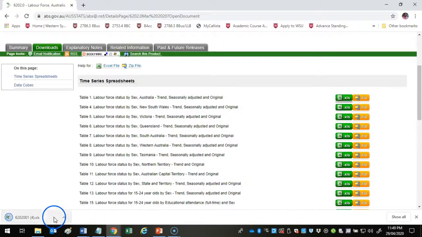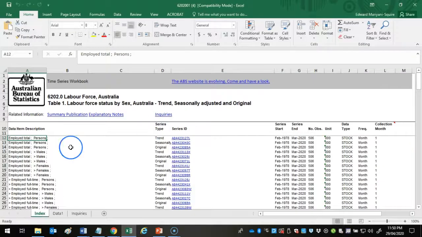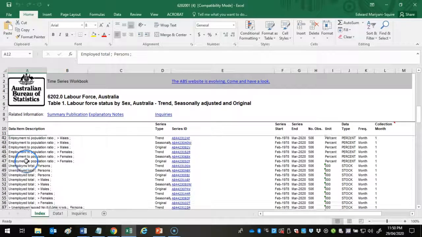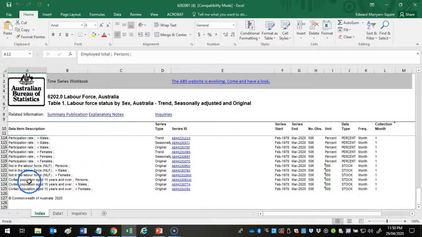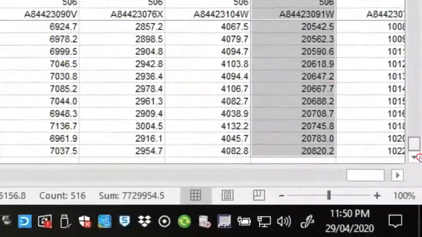So we'll grab that, we'll download it, we'll open it, and what we want to find is working age population. Civilian population over the age of 15, that's what we want. That's our working age population. So we want it just for persons, all persons. So we're going to click on that link, and it takes us to this column here. And this column goes back to 1978, so let's go all the way to the bottom.